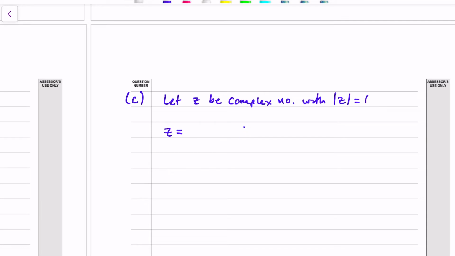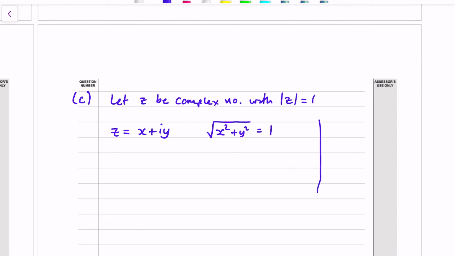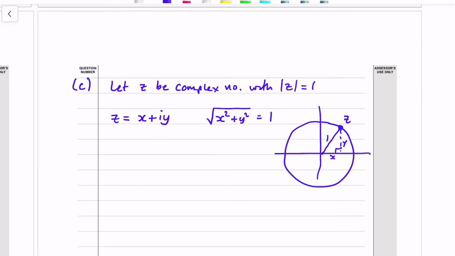But let's go with the real typical approach from an NCEA student. z equals x plus iy. But we also know that the modulus, x squared plus y squared square rooted, equals 1. It means that z there is a distance of 1 away from the origin, and so its real part and its imaginary part, when we square them and add them, we get x squared plus y squared equals 1.